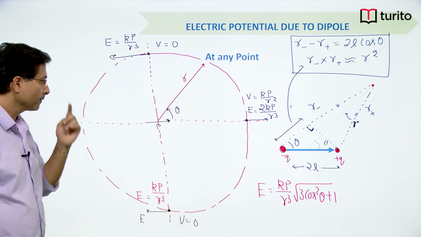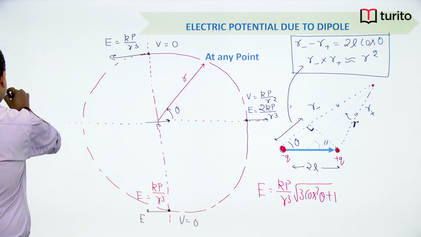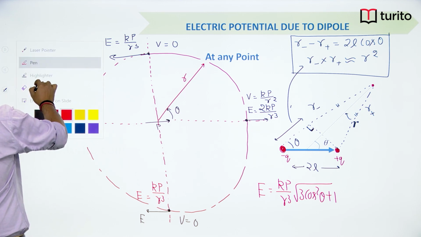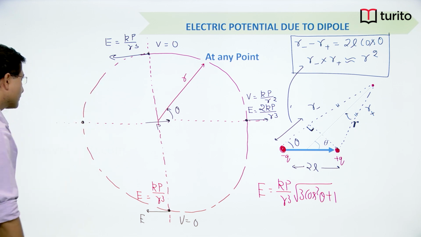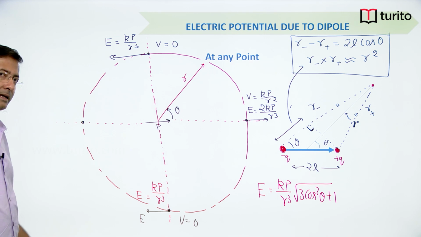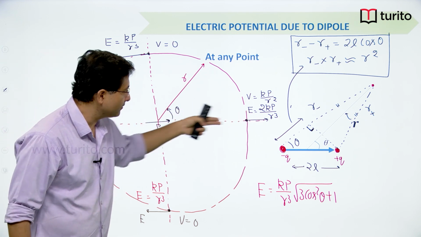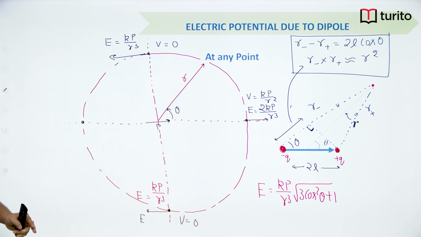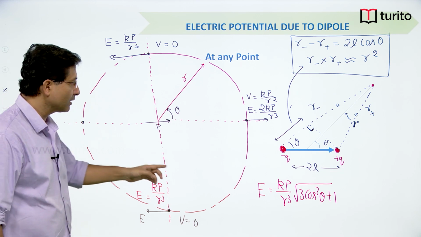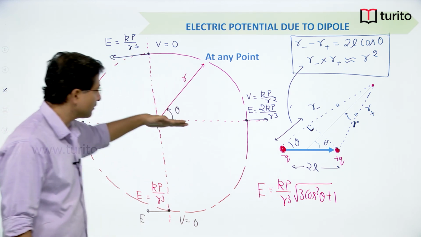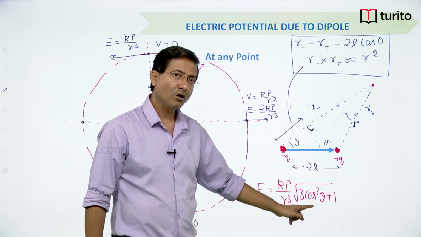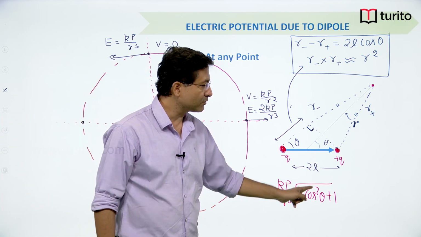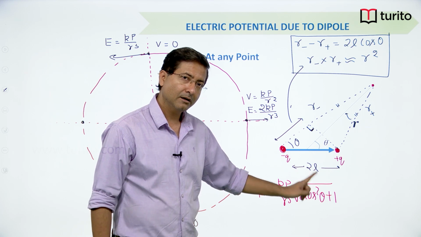Now look at this point. The direction of field will be still the same as that of the dipole moment, because if I substitute theta is equal to 180 degree, cos 180 degree is minus 1, whole square, that will be plus 1.